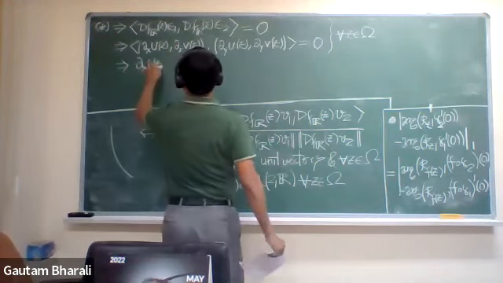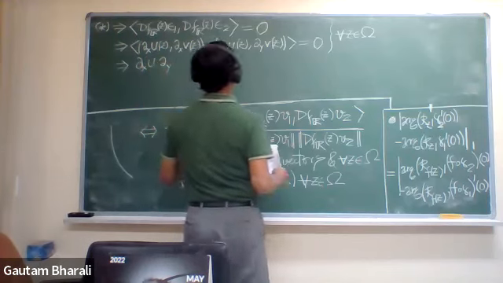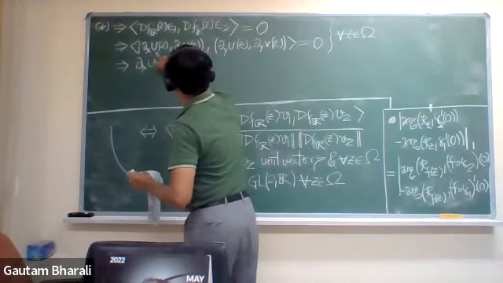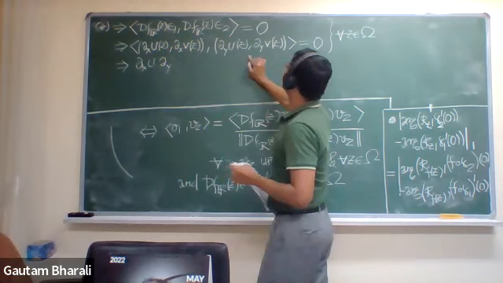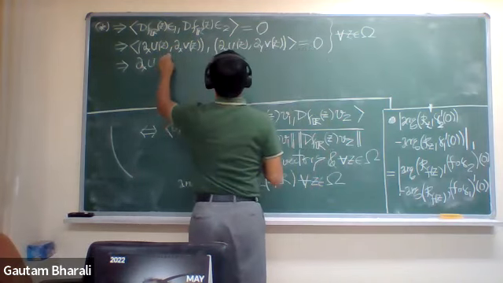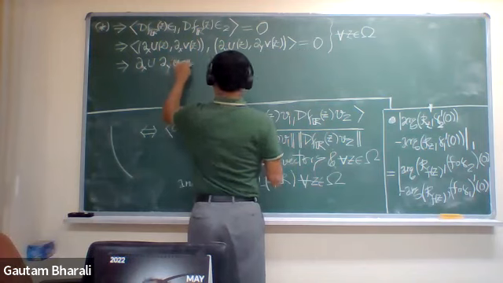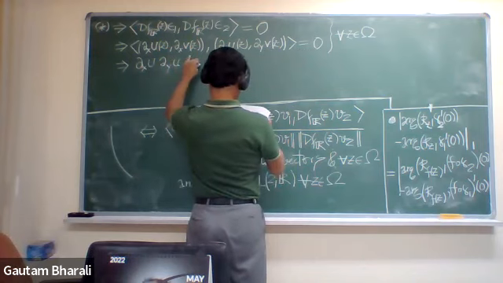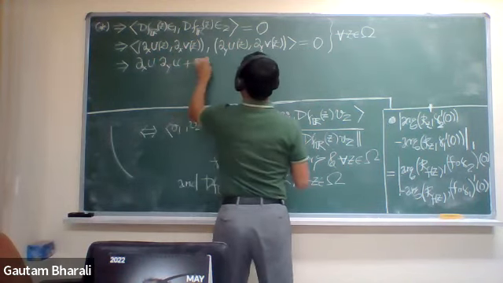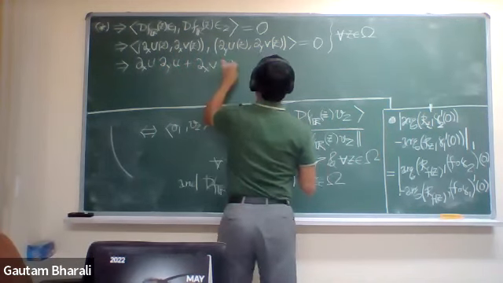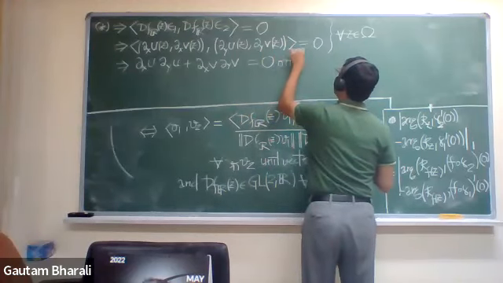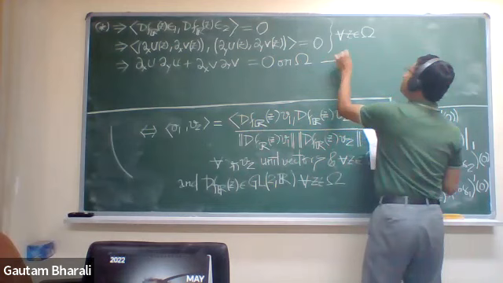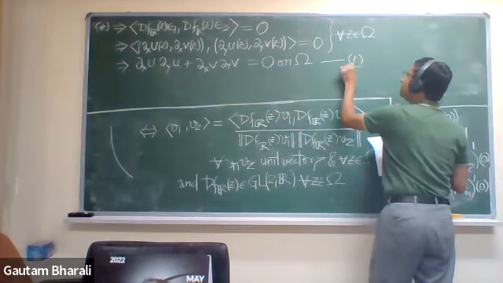So you get del x u, del y u, plus del x v, del y v. This is 0 on omega. So this is the first numbered equation of the day.